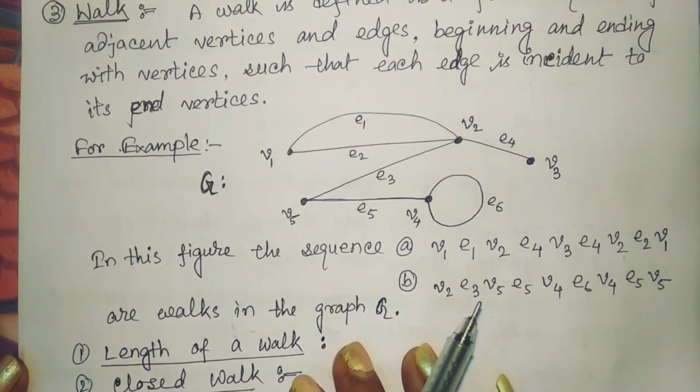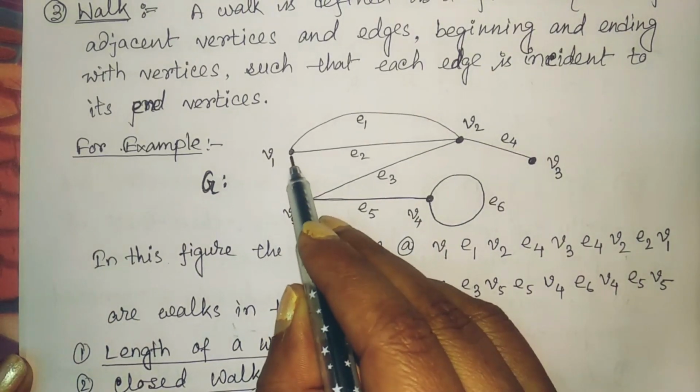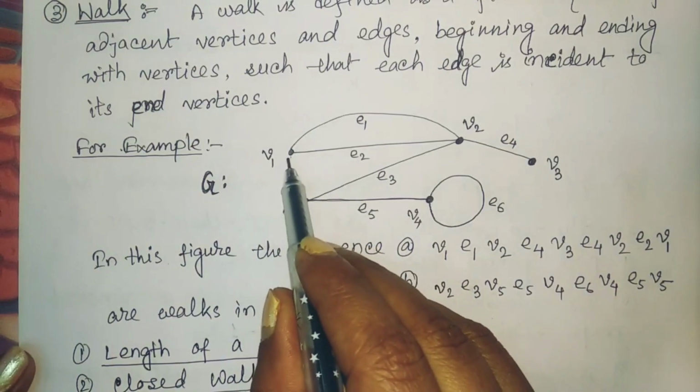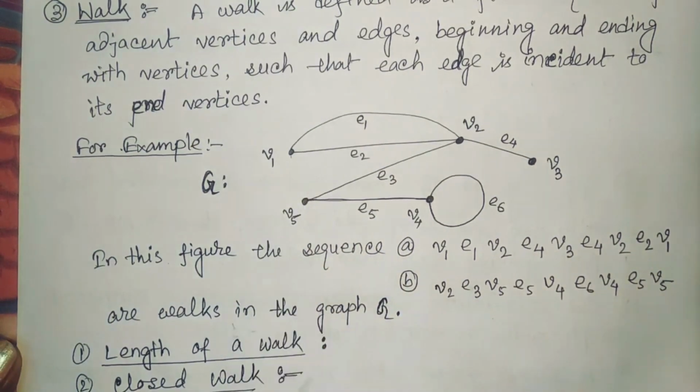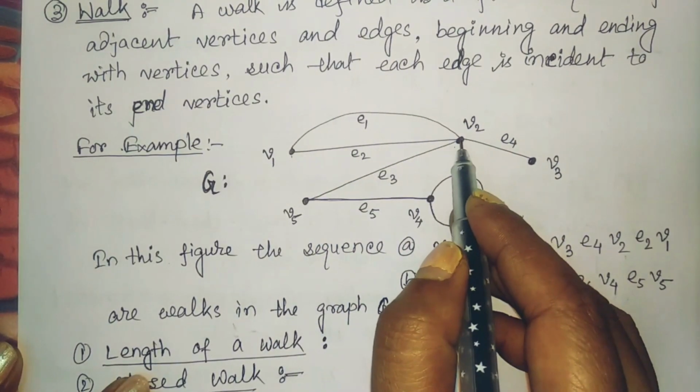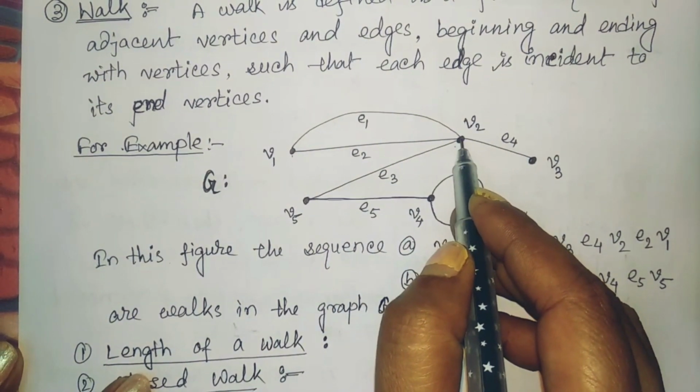A walk is a combination of vertices and edges in such a manner that a walk starts from a vertex and ends at a vertex, because an edge without a vertex has no existence.